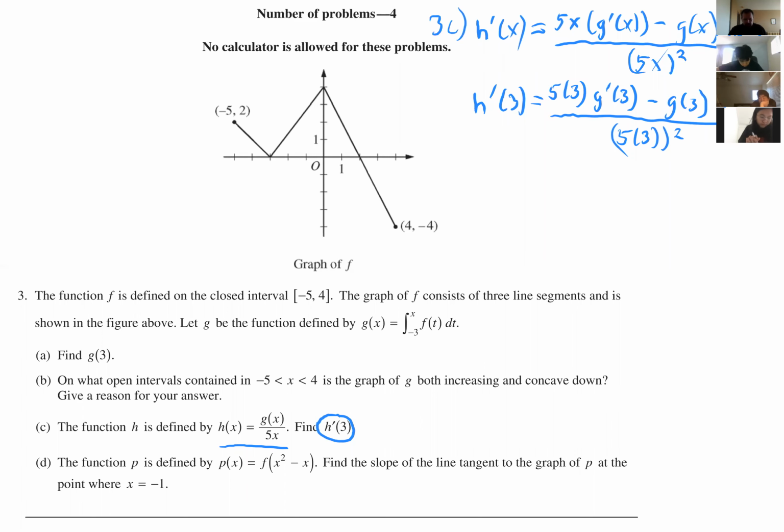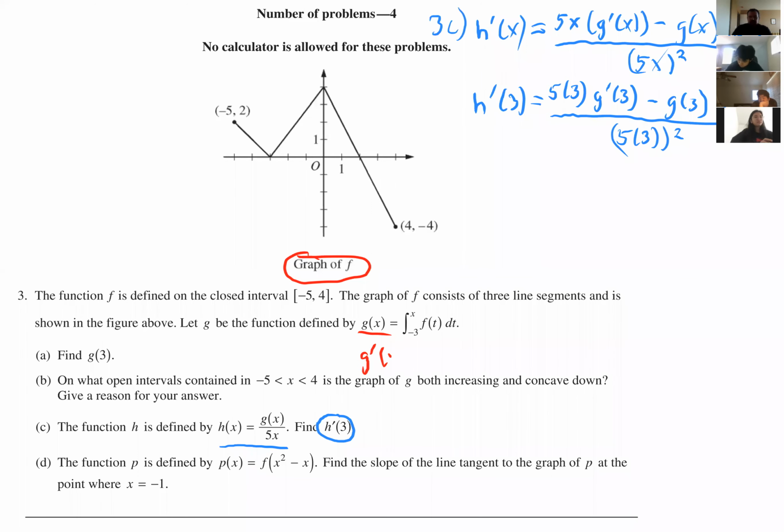So you have a function defined as an integral. Notice they're giving you the graph of f, and they're defining the function as g. So I want to figure out how I can relate the functions g and f. So I'm going to do fundamental theorem of calculus like you always do on number 3. So I'm going to take the derivative of both sides.